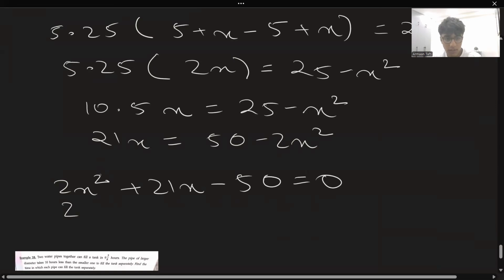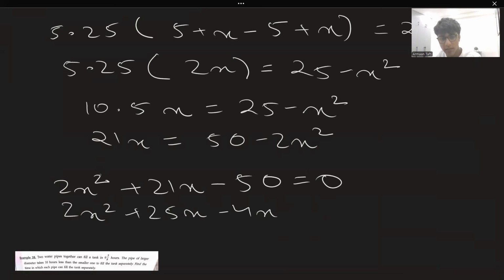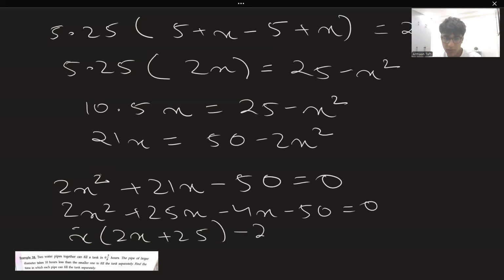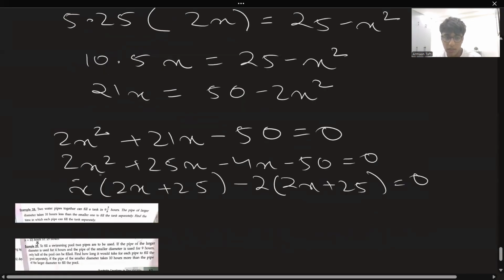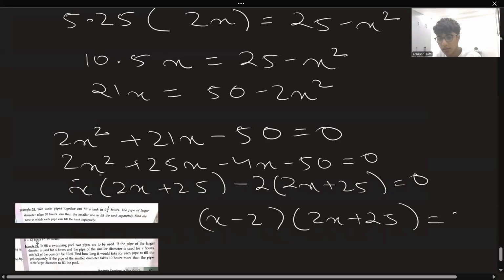That's 25 minus 4, so 2x squared plus 25x minus 4x minus 50 equals 0. If we take x out common, we get x times 2x plus 25. And if we take 2 out common from here, 2x plus 25 equals 0, right? Minus 4x minus 50. And now x minus 2 times 2x plus 25 equals 0.